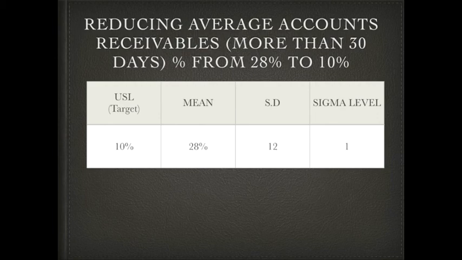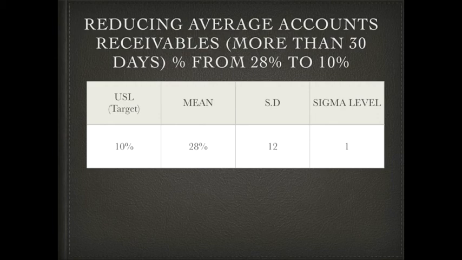So what is the sigma level for this process? The difference between the mean and the specification limit is 12. In this, how many standard deviations can be accommodated? We already know the standard deviation is 12, so we can only accommodate one standard deviation in this process.